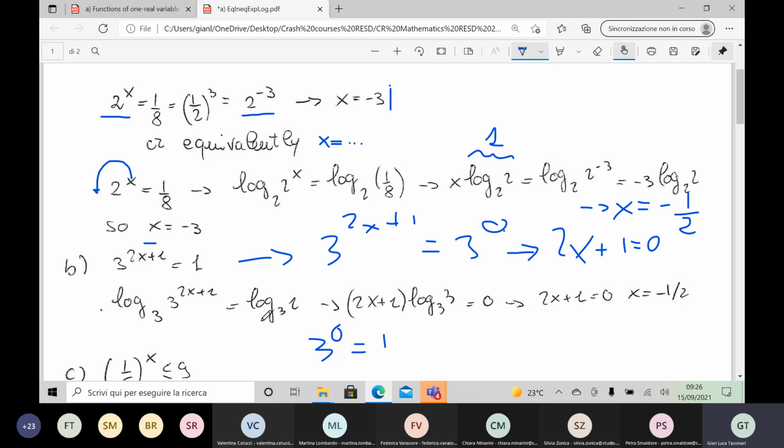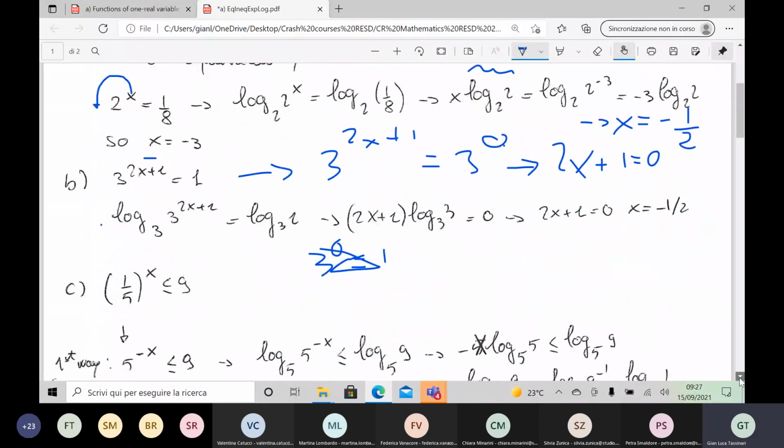So this is the reason why logarithm with any basis of 1 is always equal to 0. So you don't have to repeat this step, which was correct, but you don't have to do it unless you forget. Logarithm with basis a of 1 is 0. So we got 2x plus 1 equal to 0, which was exactly the equation we got by following another procedure above. So x is equal to minus 1 over 2.